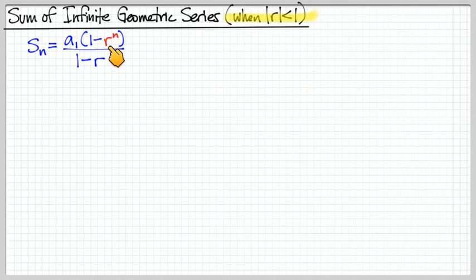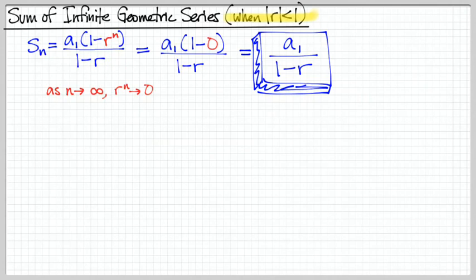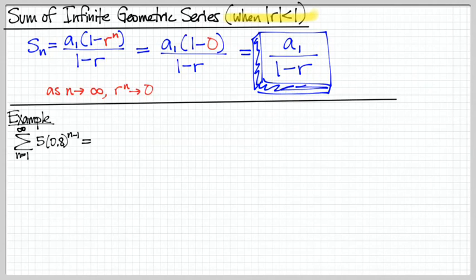When r is less than 1, if I take r to the power of a very big number, basically it goes to 0. As n goes to infinity, r to the n goes to 0. And so we can remove that from the equation, and it simplifies into a1 over 1 minus r. And this is a kind of nice idea.